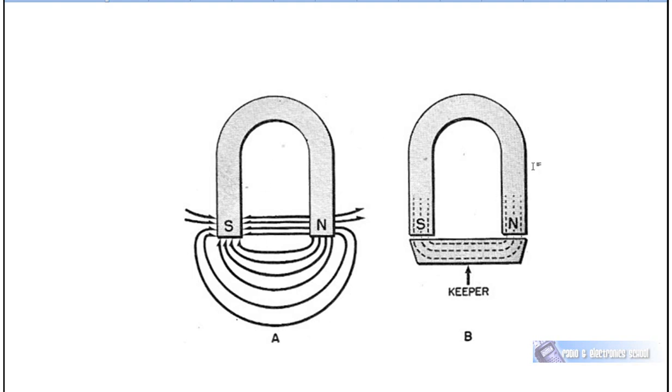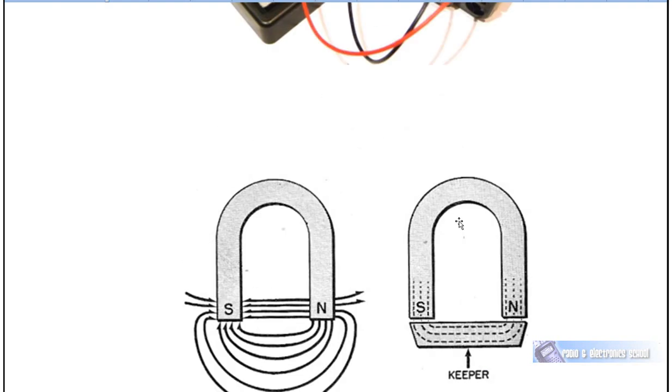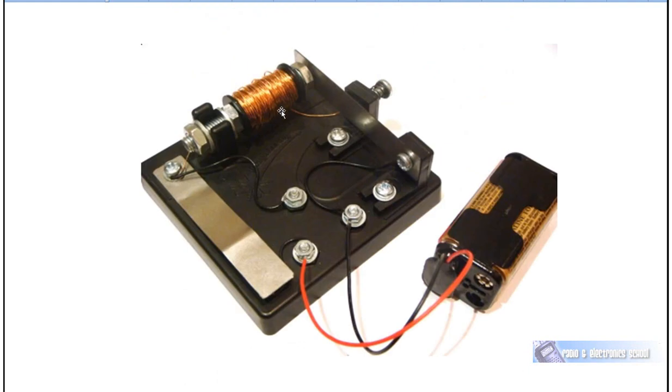We don't use horseshoe magnets in radios, but we do use coils of wire. Let's say this electromagnet or this inductor was in a transceiver. You would have to shield it from affecting other components in the transceiver, and the way you would do that is you would put a soft iron box shield over the magnet.